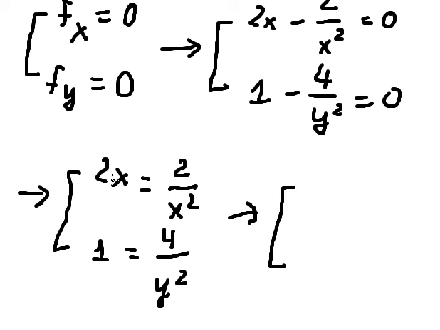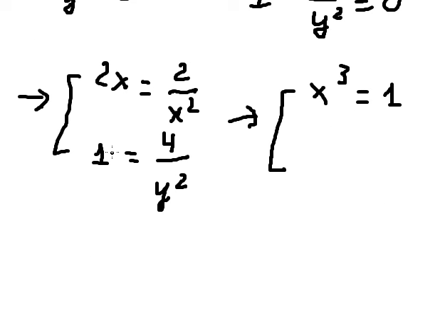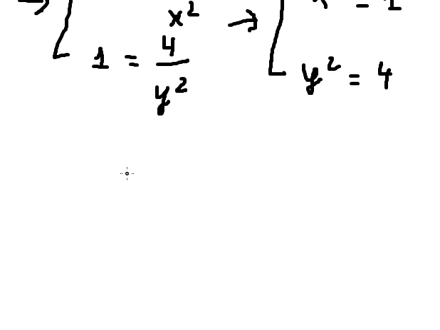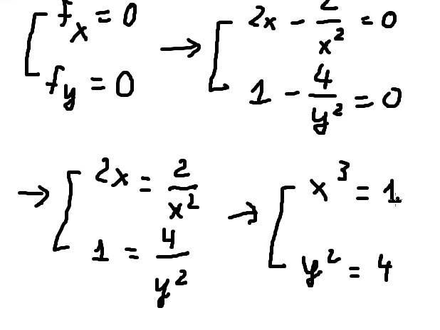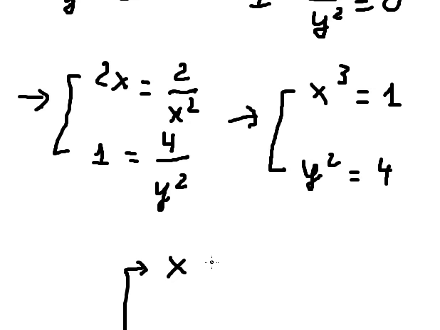So x squared I will put on the left, and we divide both sides by number 2. Y squared I will put on the left, and we have number 4. About this one, we have x equals number 1.